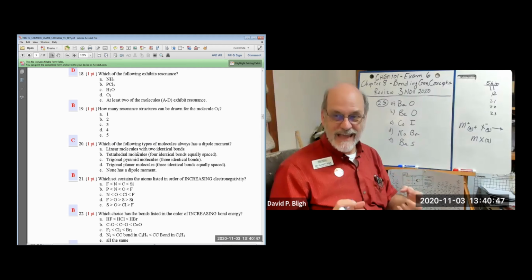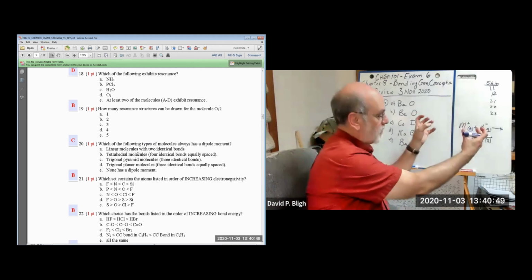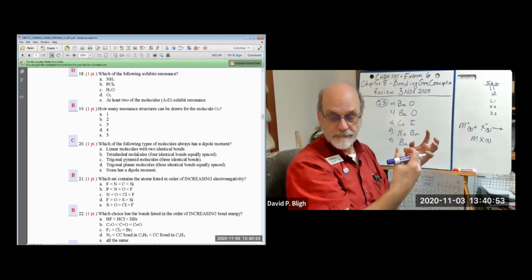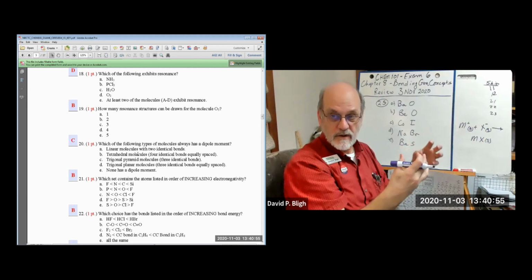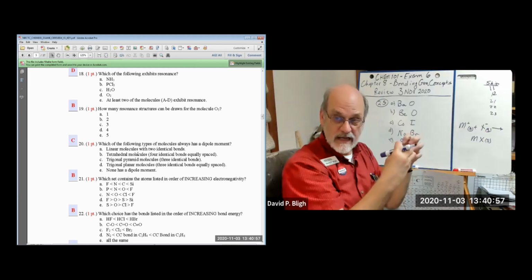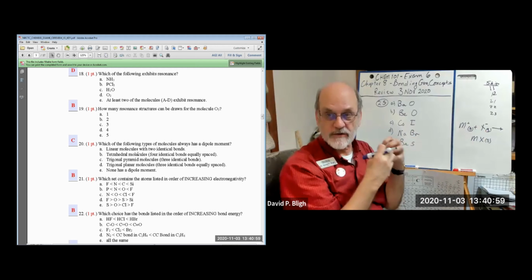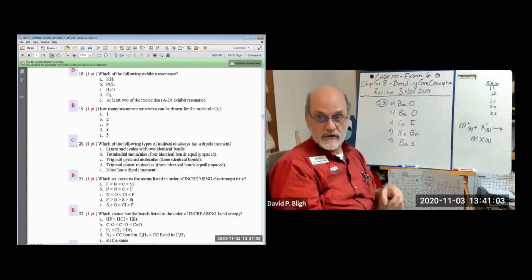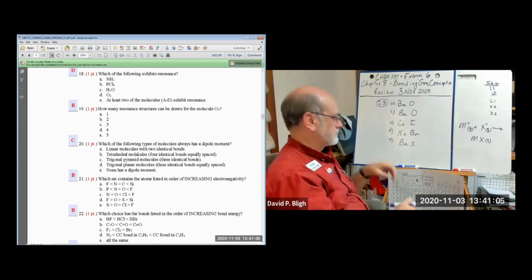If you have the same charge on both ions in two situations, and one of them has a smaller ion, it can get closer together, that forms a higher lattice energy, a stronger bond, right? So that's what we're looking for here.